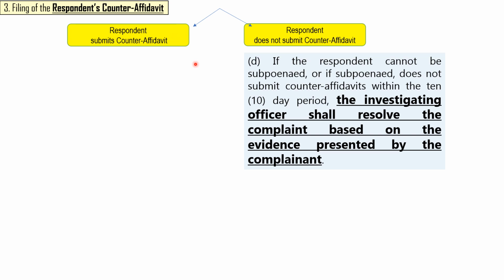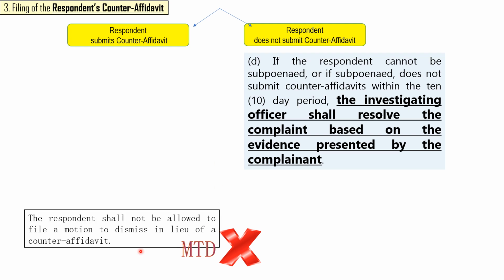What if the respondent would say, ay, file na lang ako ng motion to dismiss because there is a basis to dismiss that case. Can he do that? Answer is no. Motion to dismiss is not allowed. If you're going to read the rules, the respondent shall not be allowed to file a motion to dismiss in lieu of a counter affidavit.